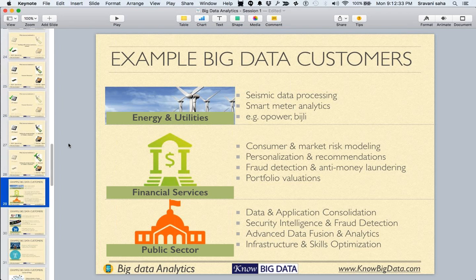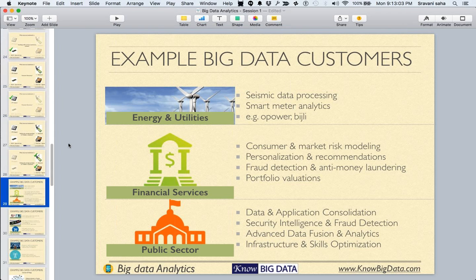Fraud detection and anti-money laundering is again a difficult problem and a brilliant challenge to solve using humongous data processing. So figuring out the pattern of fraud based on the past history, and detecting it as early as possible is a very big challenge, and that can only be done if you have a considerable amount of data.